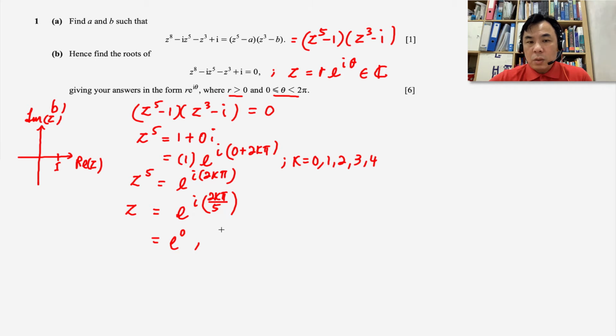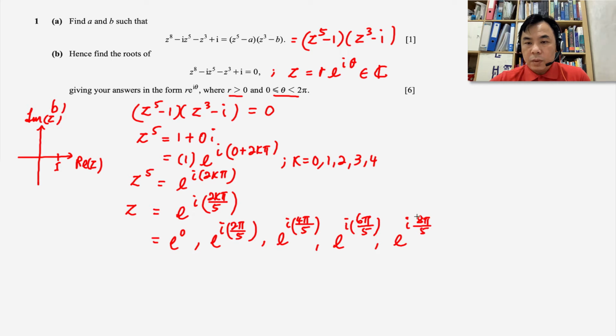And then after that, you have k = 1 here, so that'll be 2π over 5. Always check whether the argument is actually found within this given domain. Yes, it is. And then after that, you have your i4π over 5, and then after that, 6π over 5. And then after that, you have your 8π over 5.